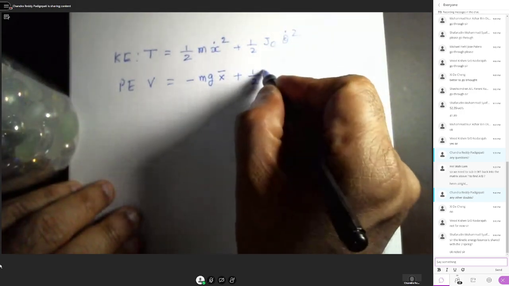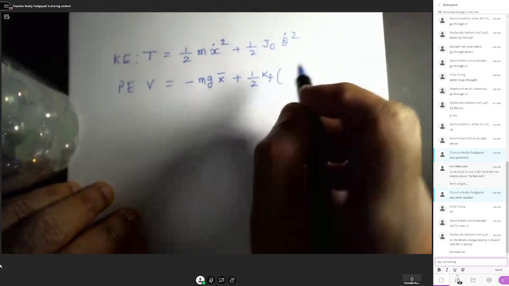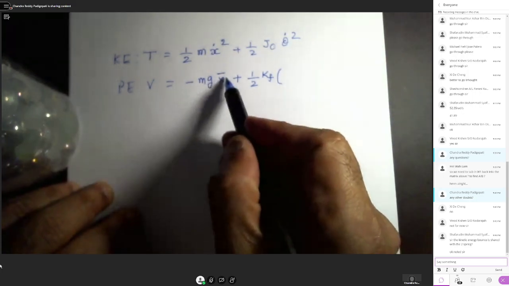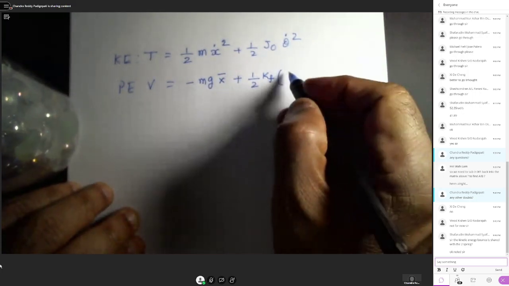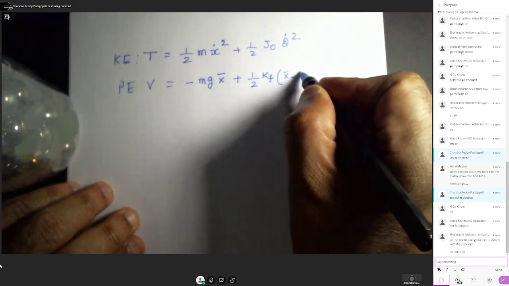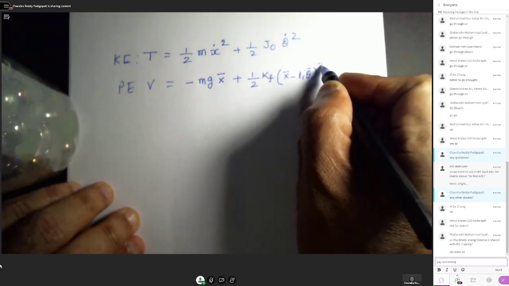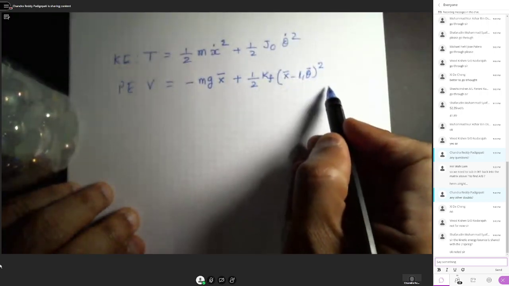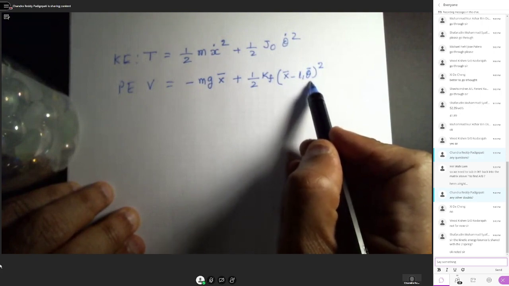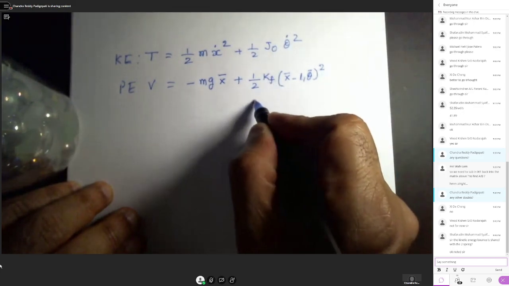So for the front spring, kf, the net displacement of the spring, taking the weight displacement as x bar, is x bar plus L1 theta bar, so half k x square with the displacement being x bar plus L1 theta bar, whole square. Here F represents the front spring.